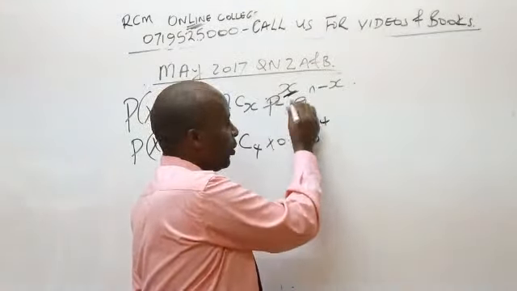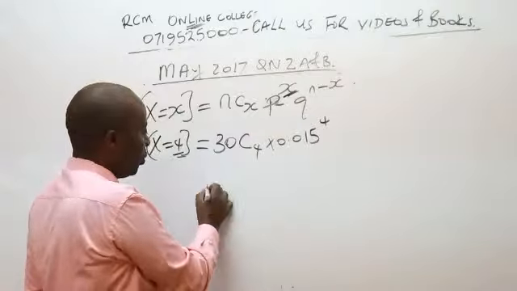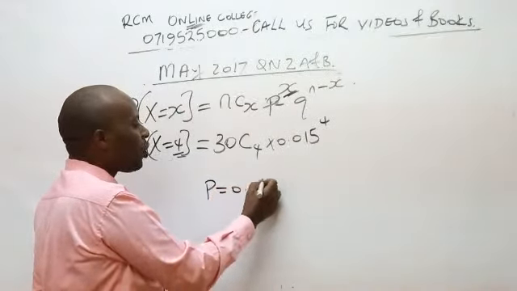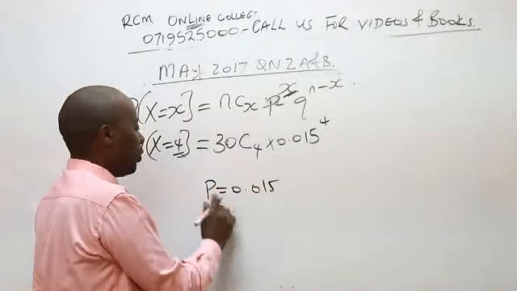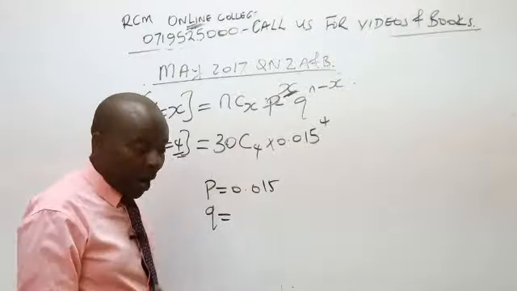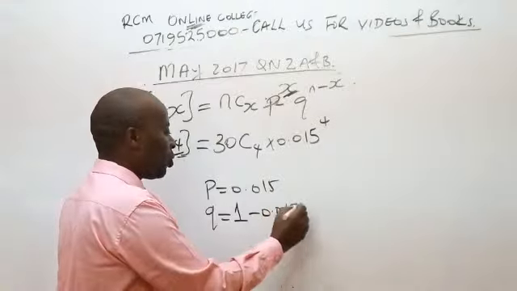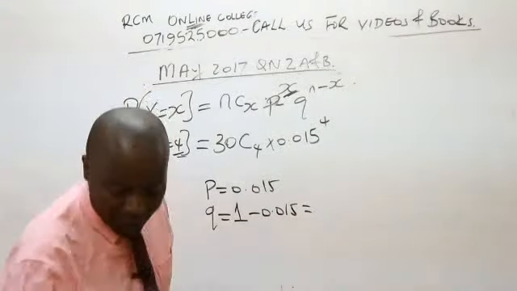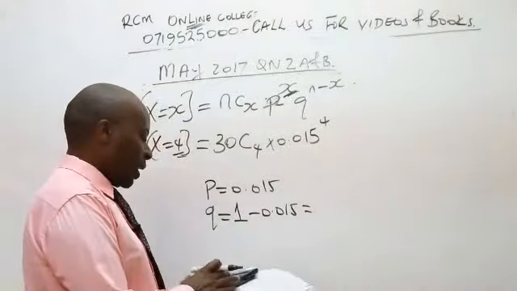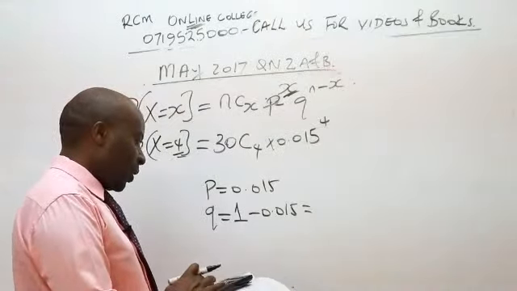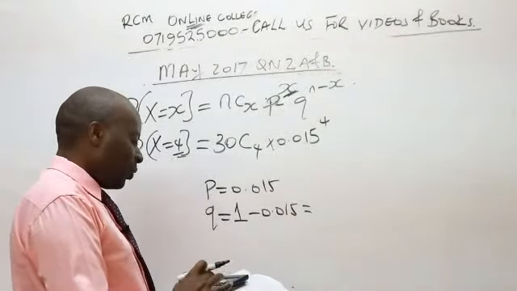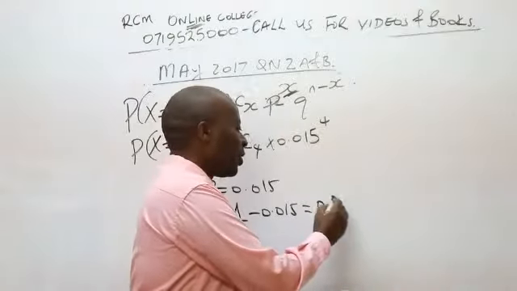And then we have q. If p is 0.015, then q, given that the two must always add up to 1, is 1 minus 0.015, which is 0.985.